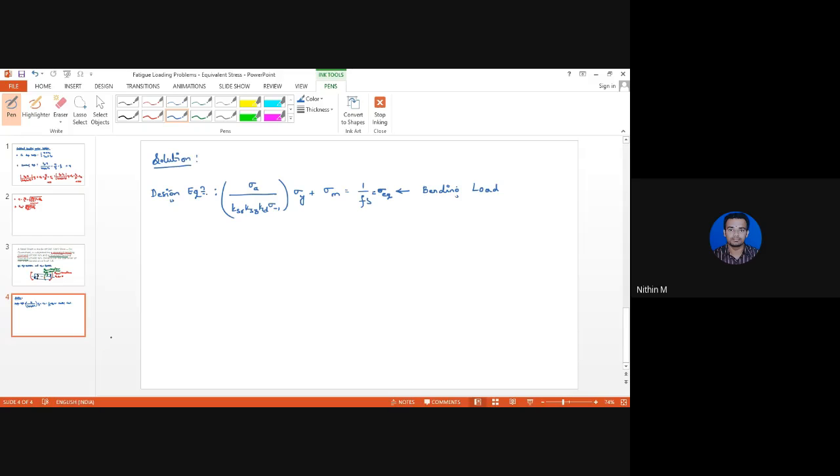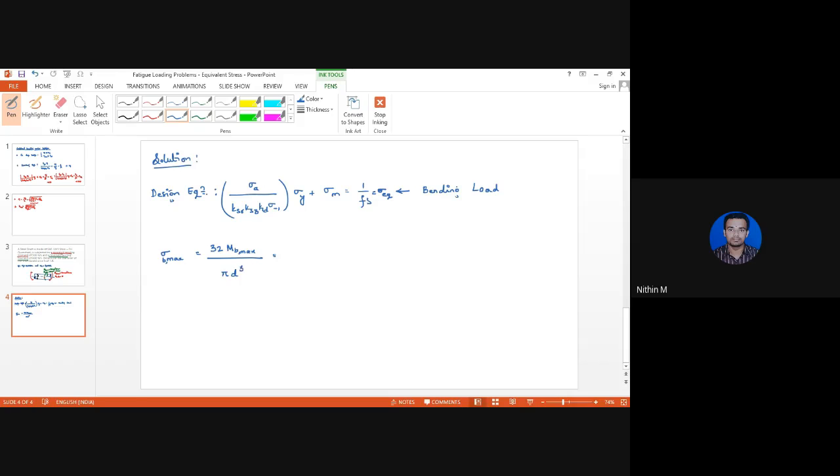In order to do it, let me calculate the value of the maximum bending stress induced. Sigma B max in this case will be nothing but sigma max. The component is circular in cross section, so the formula to calculate the bending stress is 32 into MB max divided by pi d cube.